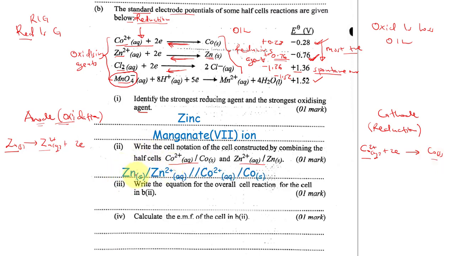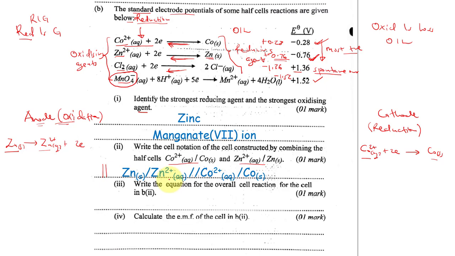Zinc, the state is solid. We shall put here a line that separates the phase between solid and aqueous, zinc 2 ions. Then we shall put here parallel lines to show our salt bridge, followed by cobalt 2 ions aqueous. Separate the phase of aqueous from that of solid, and then we have our cobalt.